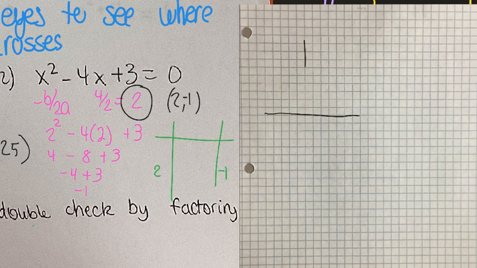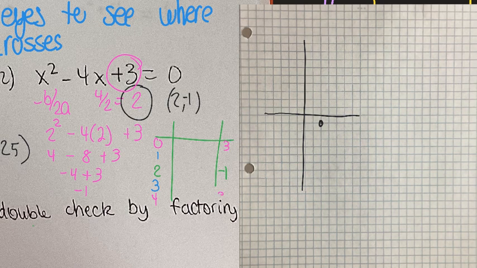So if I'm graphing this, 2 gives me a negative 1. Now I need to go either side, so I could go 1 and 3, 0 and 4. 0 is always super easy because it's the y-intercept. So 0, 3.